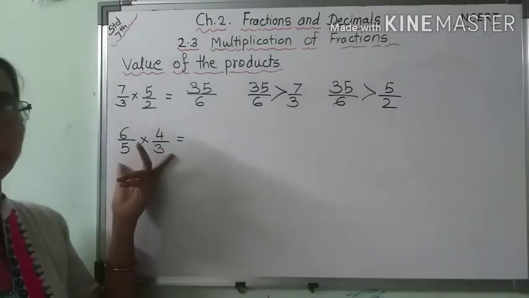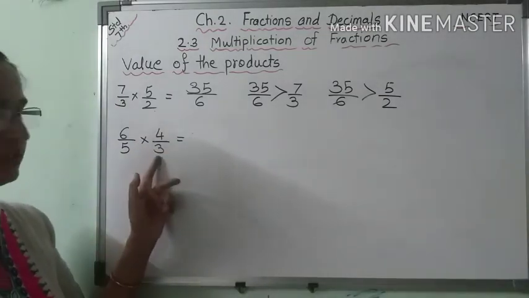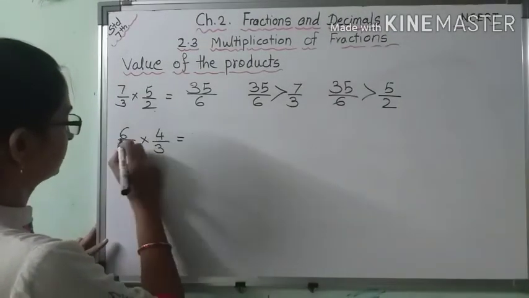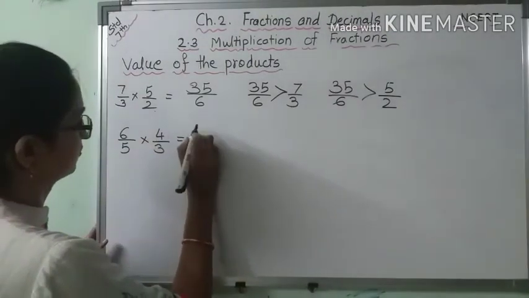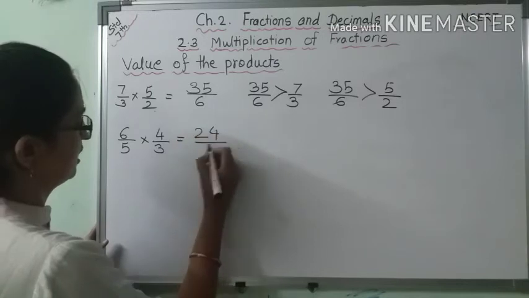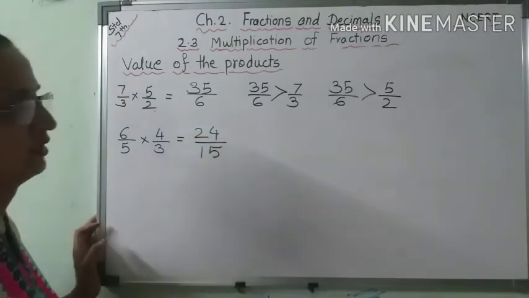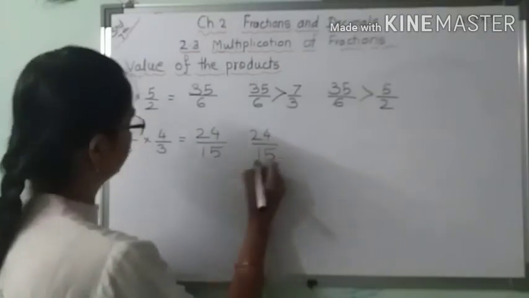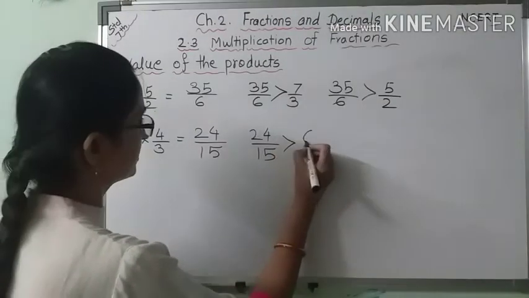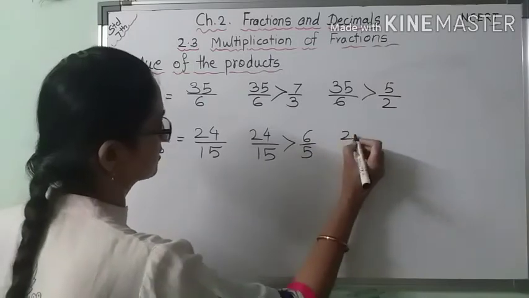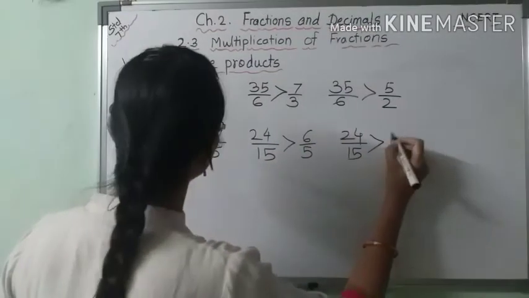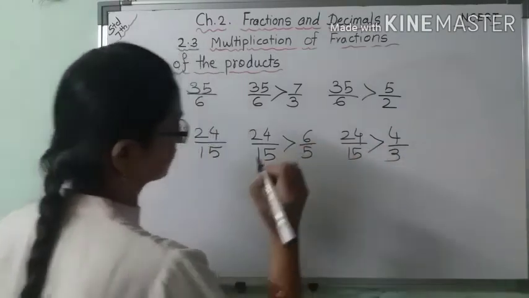Again two improper fractions, because the denominator is less than the numerator. Multiply both these fractions. 6 fours are 24, 5 threes are 15. Here again 24 upon 15 is greater than 6 upon 5 as well as greater than 4 upon 3.